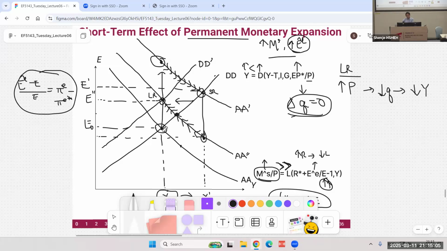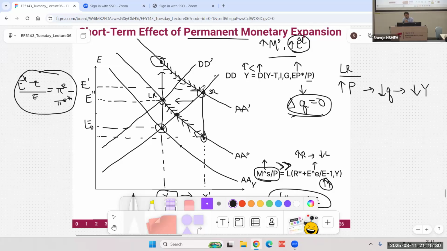Compared to the DD schedule. And so as long as the E is higher than what's required, output wants to increase. Output only stops increasing once we reach the DD schedule, right? So we're going from this point all the way down to this point. So this is our short run equilibrium. Done, right? That's the short run stuff.